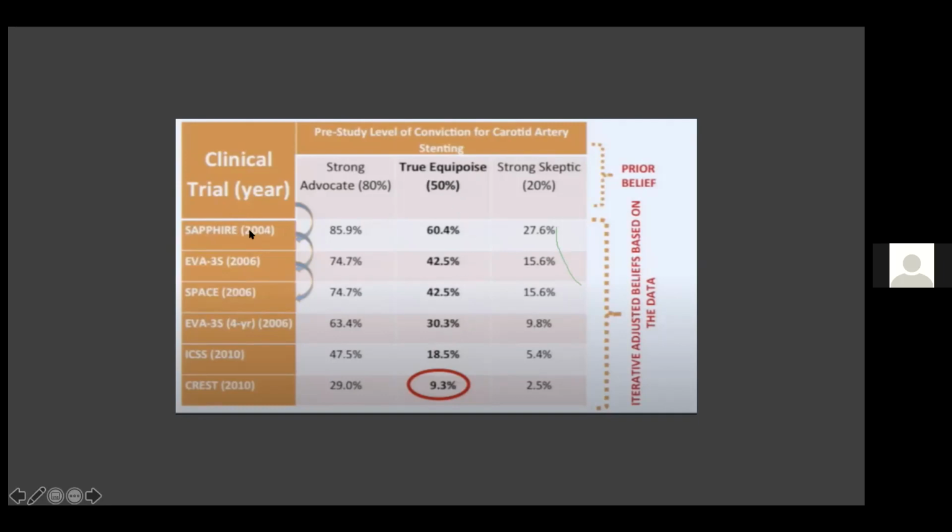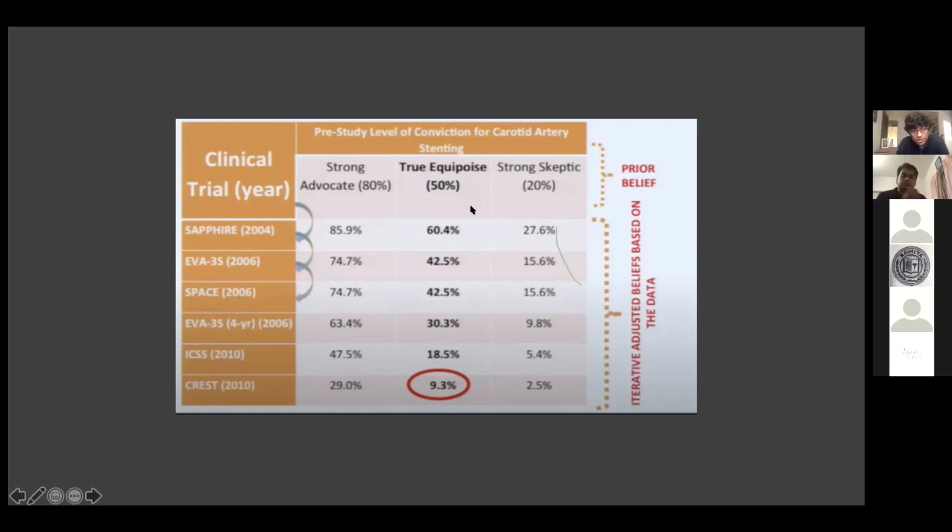Let's say in 2004 you were at true equipoise, so you hadn't decided whether to subject your patients to carotid artery stenting or not. Over the years, as evidence has mounted, if you started off at 50% faith in carotid artery stenting, so 50-50, right now you're at 9.3. That's how the Bayesian analysis has progressed.